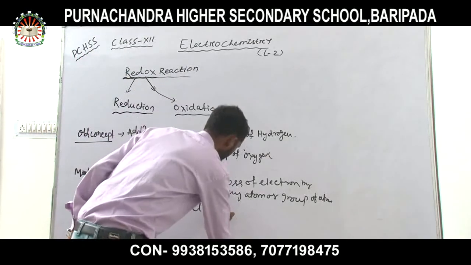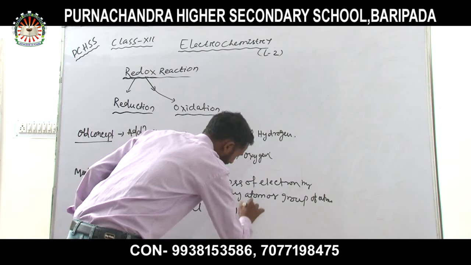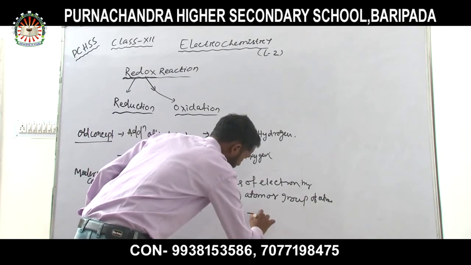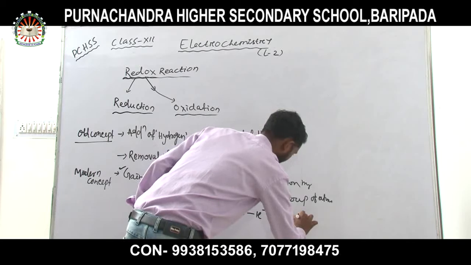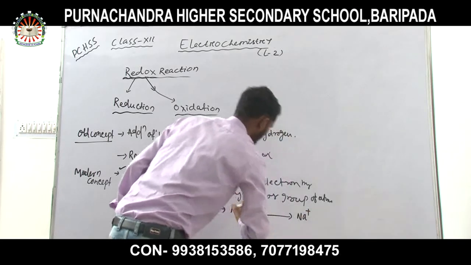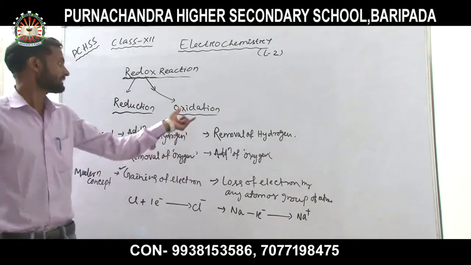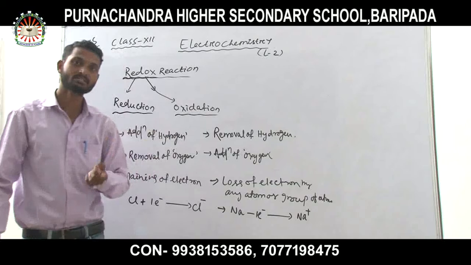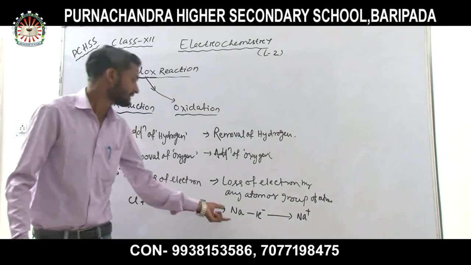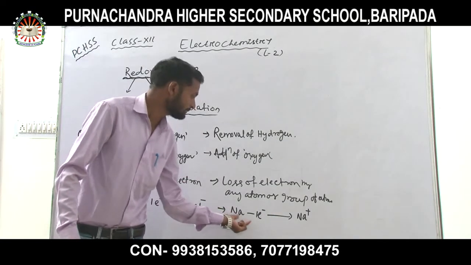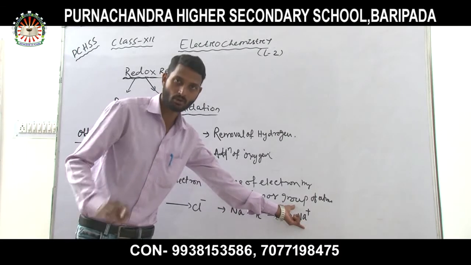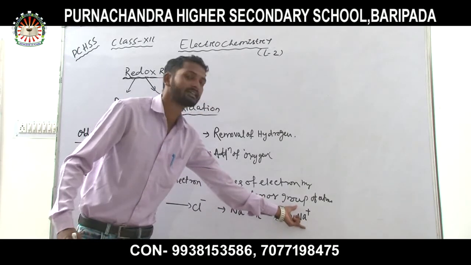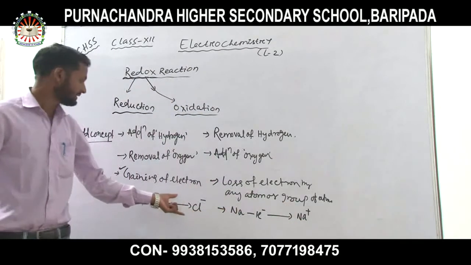Now the oxidation reaction: suppose Na minus one electron forms Na plus. When oxidation takes place in a reaction, the metal atom loses its electron and gets a positive charge, due to which a cation is formed.